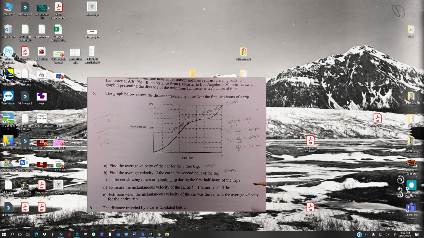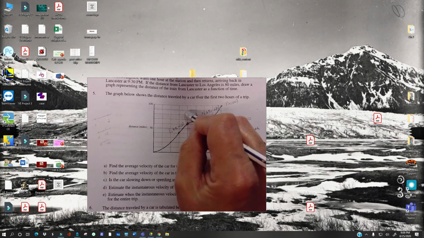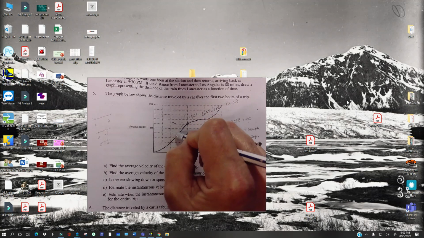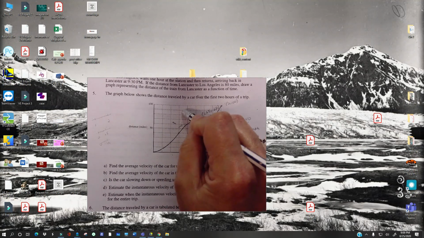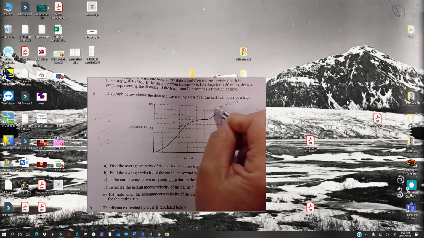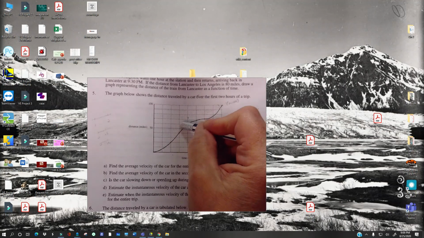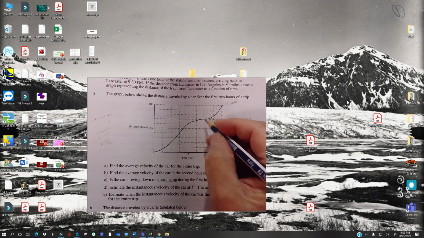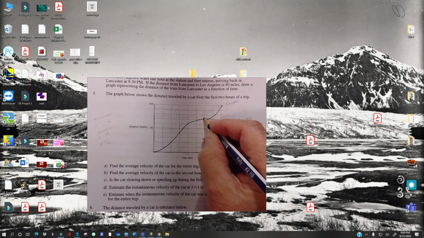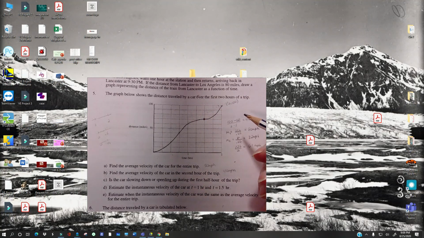At t equals 1.5, so let's do another one. After I do all my erasing. Here's t equals 1.5. I don't have to do any work for that. Why?